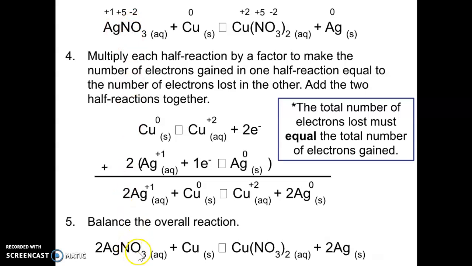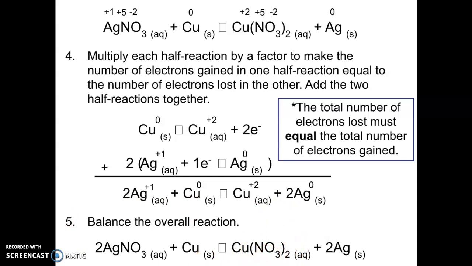So nitrate, NO3, has a -1 charge, so it perfectly works with silver. So for every 1 silver, you have 1 NO3, and that makes a neutral compound. Copper, however, has the +2 charge here, so you're going to need 2 nitrates to make the charge work out for your copper nitrate. So notice how we put it in parentheses and then 2 nitrates.